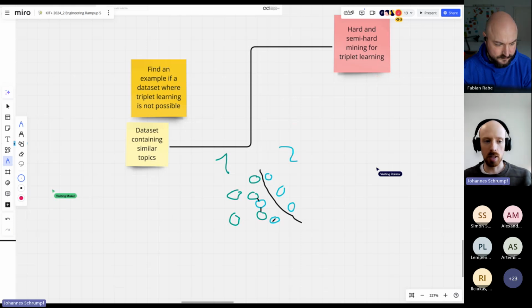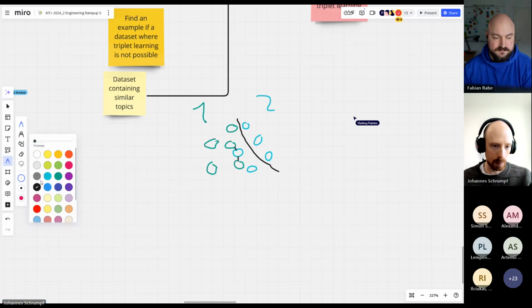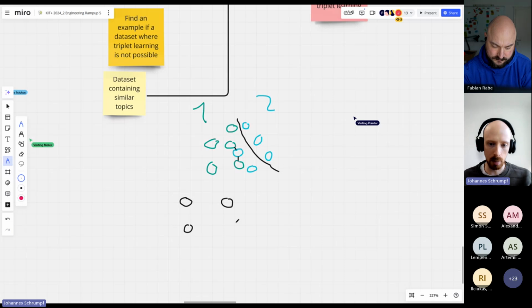Maybe one question again to the audience then. What happens if you have a data set that just contains, let's visualize this again, a collection of paragraphs? It doesn't contain any paragraphs from documents or something like this. It just contains paragraphs.